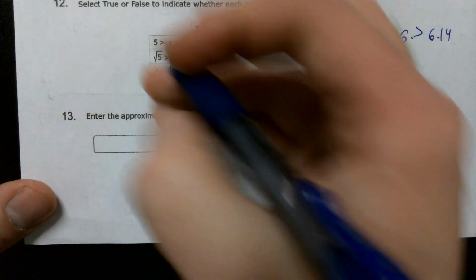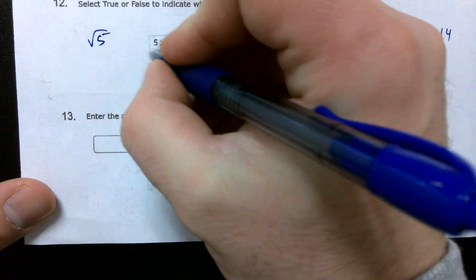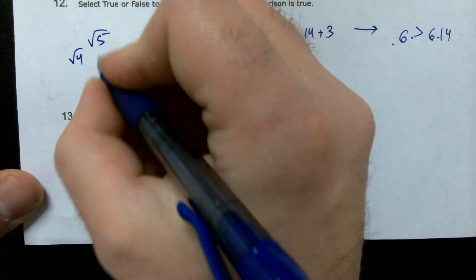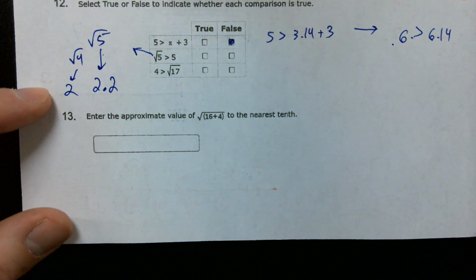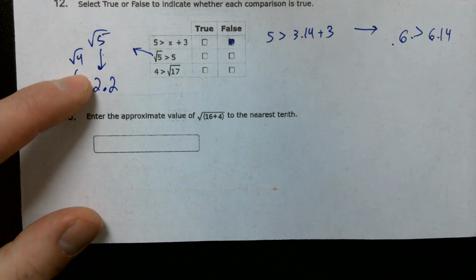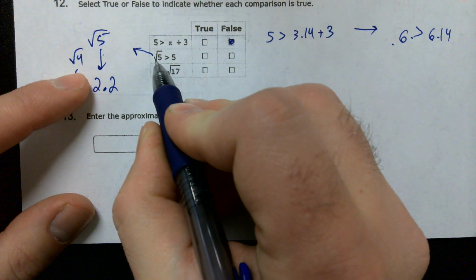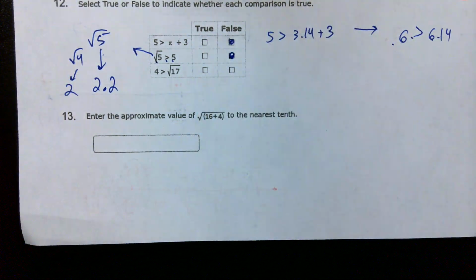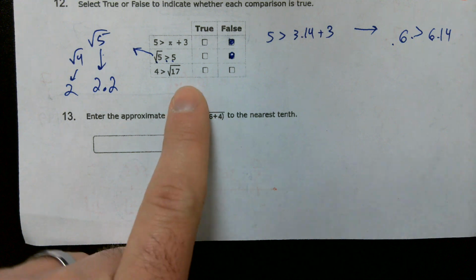What's the closest perfect square to the square root of 5 here for the second one? Square root of 4. So we could say the square root of 5 is just slightly larger than 2 because the square root of 4 is 2. So the square root of 5 is maybe like 2.2. Is 2.2 greater than 5? No, that's false as well. What about the square root of 17?